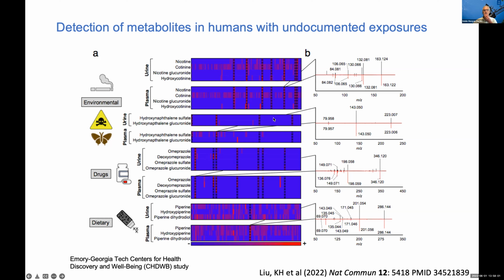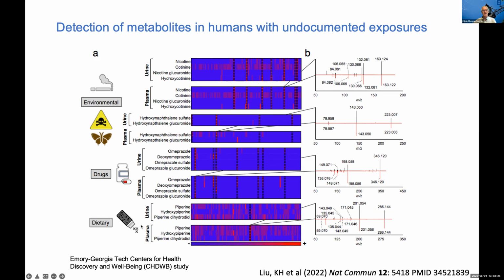This also illustrates the point I made earlier, which is here's a compound for which exposure is not really well detected if you're looking for the parent compound, but for these 2 phase 2 metabolites, you can detect them using those. I won't spend any time on the omeprazole data, but just going down to the bottom here for piperine.